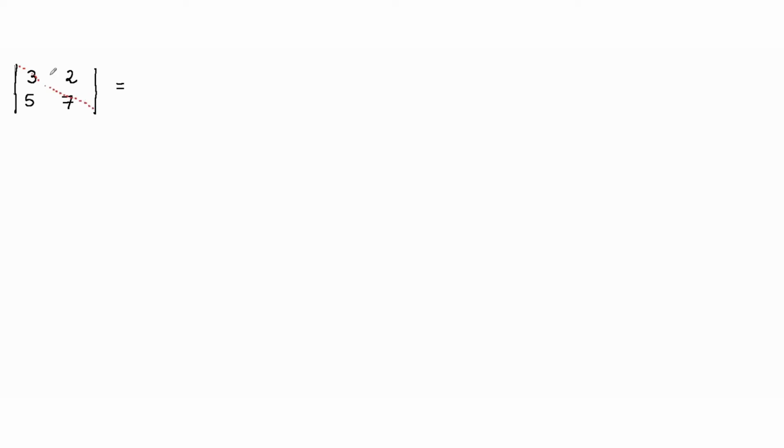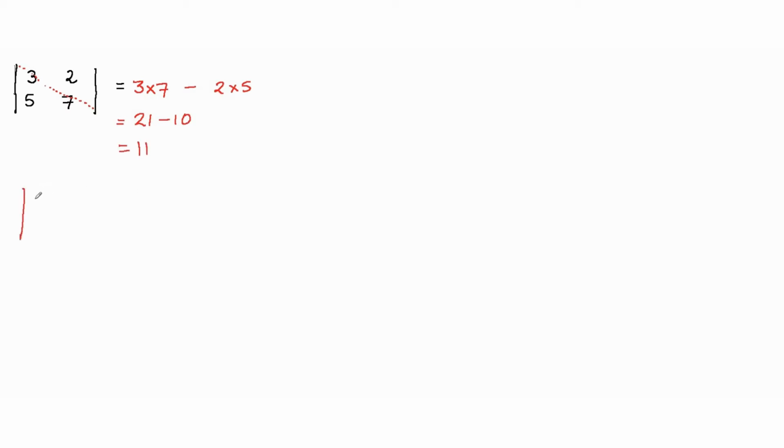So I'm going to multiply the two numbers along the significant diagonal, that is 3 multiplied by 7. Then I'm going to multiply the two numbers on the other diagonal, that is 2 multiplied by 5, and subtract the two. Therefore the value of this is 3 7s are 21 minus 10 is 11.